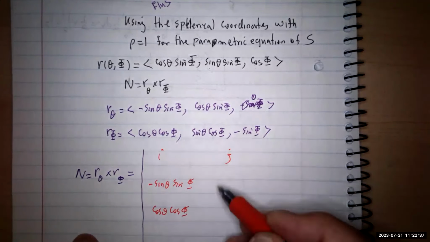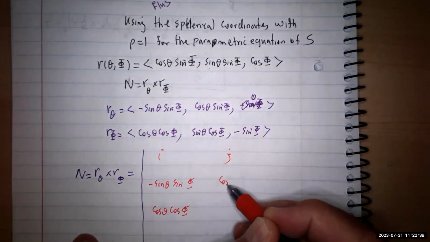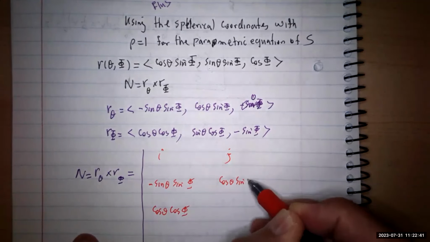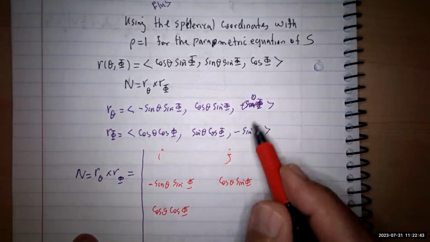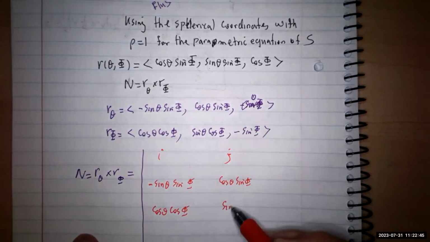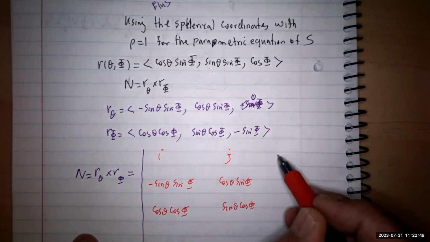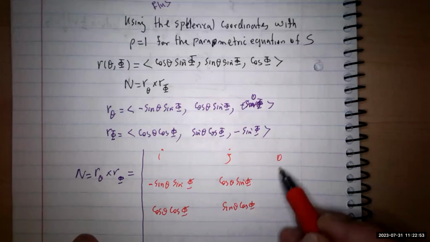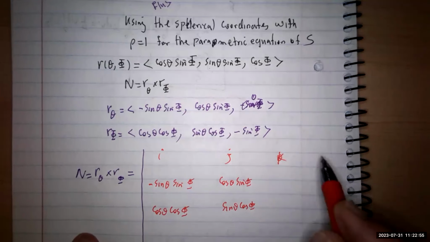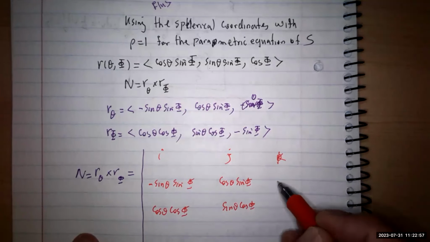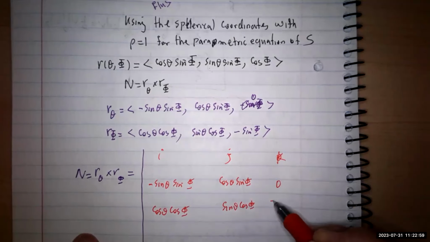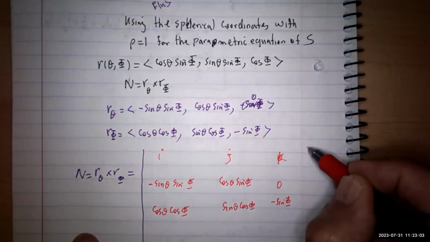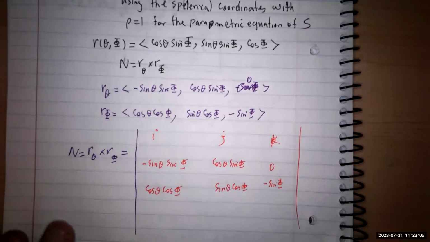The second component here is sine of theta cosine of phi. And that's k, and this is going to be 0 and negative sine of phi. See, that's going to be the one.